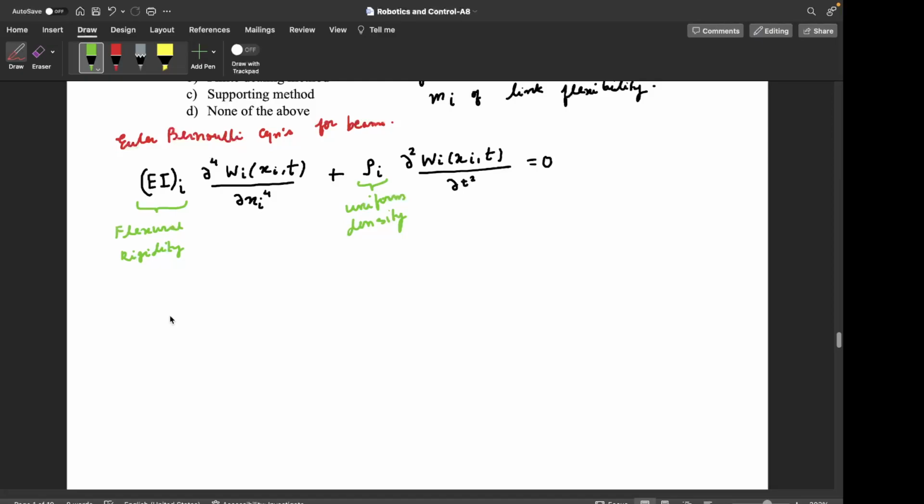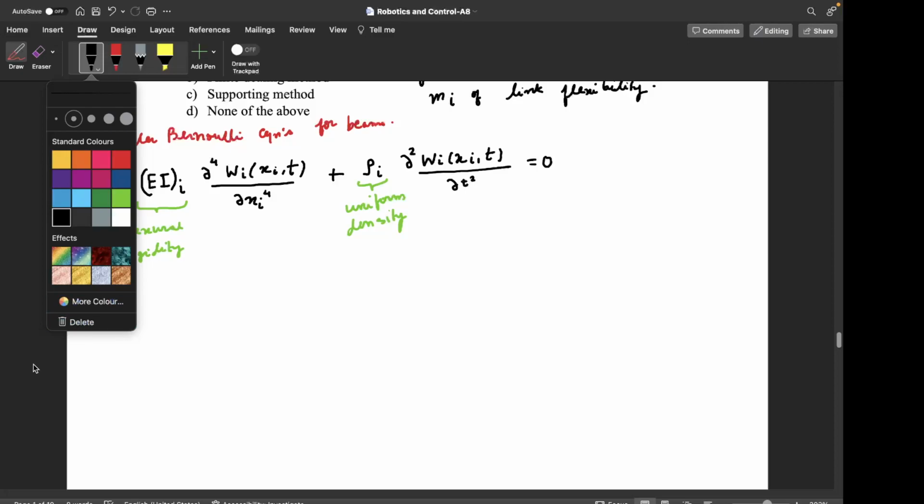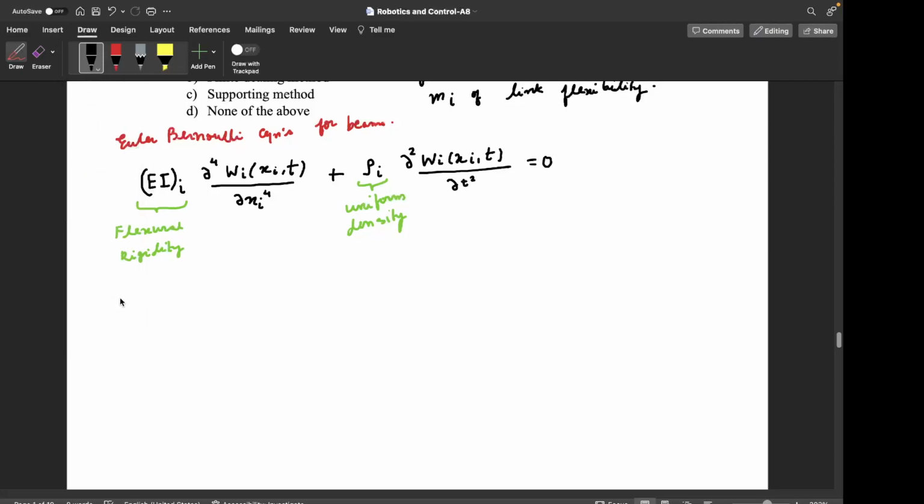And these deflections we can also write as Wi(x,t) is equal to the sum over j equal to 1 to mi of Wij(x) times tij(t), right?